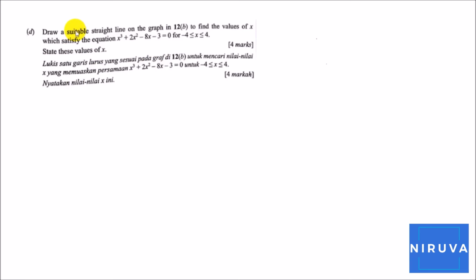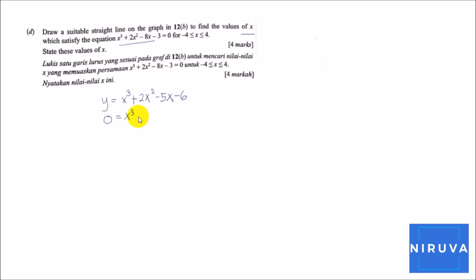Alright, D. Draw a suitable straight line on the graph to find the values of x which satisfy this equation. State the values of x. Okay, so remember our first equation from question 12a. We have y equal to x cubed plus 2x squared minus 5x minus 6.